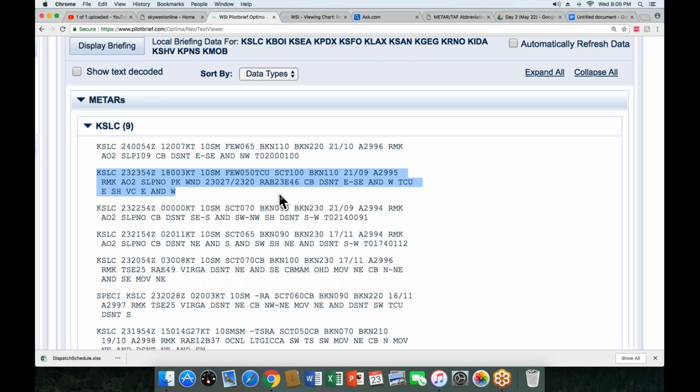And then there was a cumulonimbus, DSNT at east, southeast, and west.